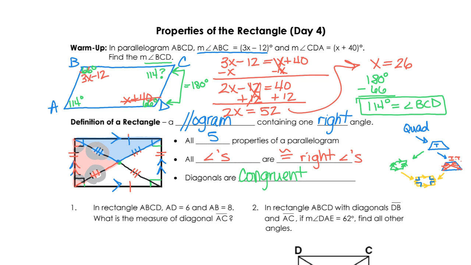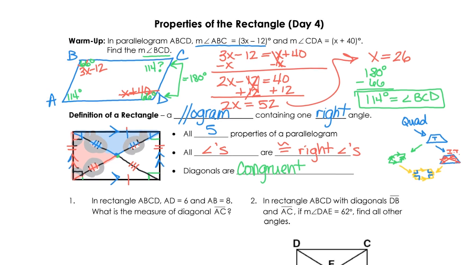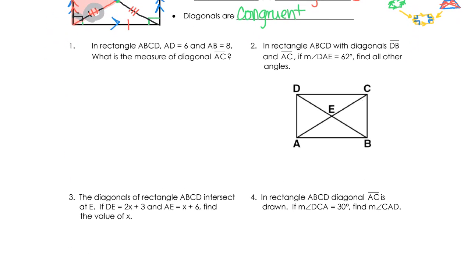See the 2 equal sides? So it's also going to have 2 equal angles down here. Okay? So those are a lot of things going on in a rectangle. So we're going to see if we can answer some questions, whatever they throw at us about the rectangle. So in number 1, it says we have a rectangle ABCD.